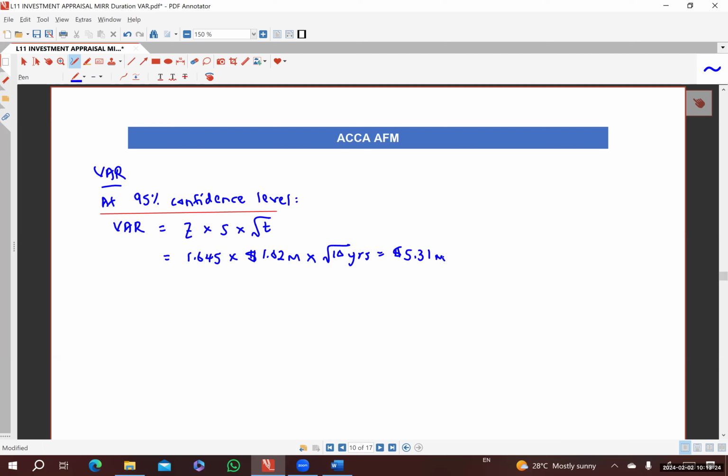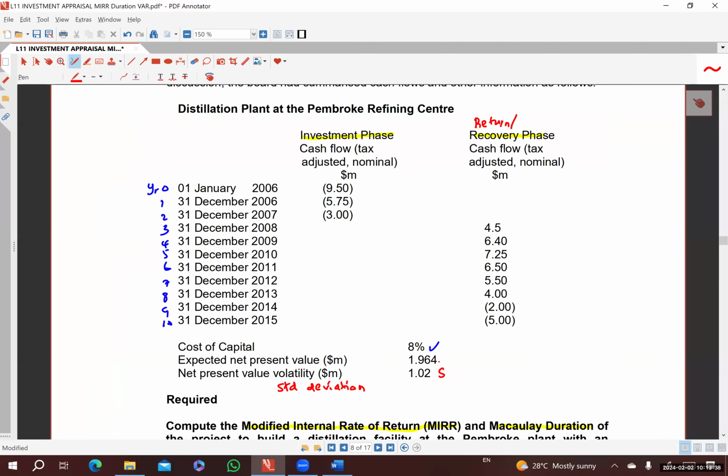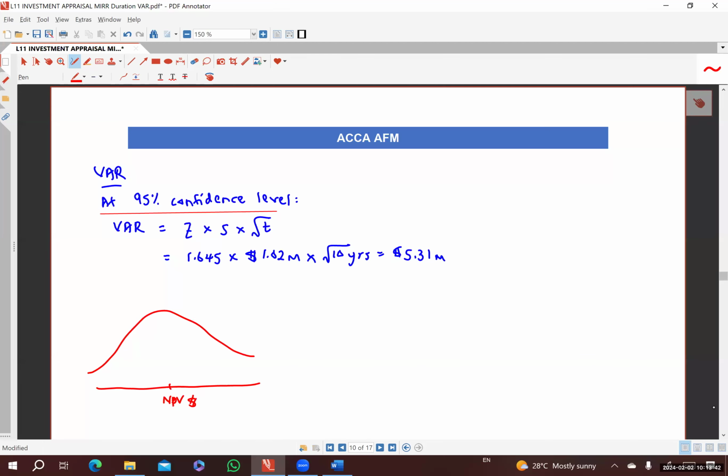Now, what does this mean? The NPV now is 1.964 million. We're looking at 95% confidence level. So here is 5%.